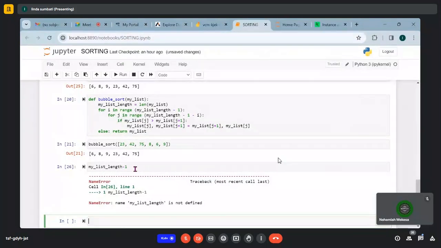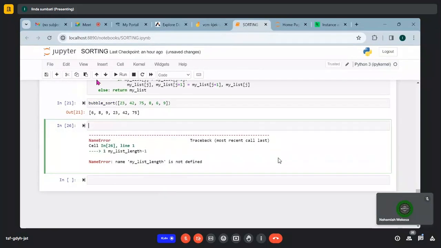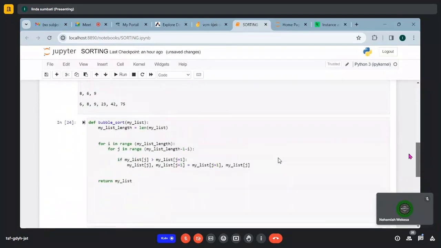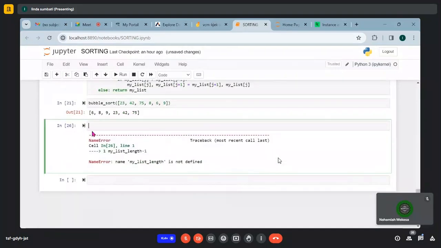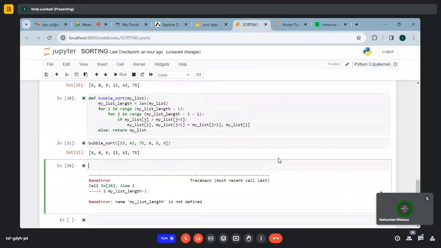I think there's a way you should do it so that you can know how it is, because my list is this one. Or do we just write the code directly? If you want to call the length of the list, that means you'll have to first give what your my list is. Then you go ahead to look at the length of the list.